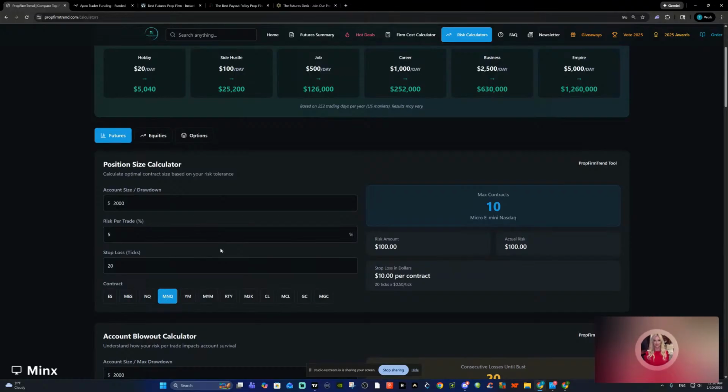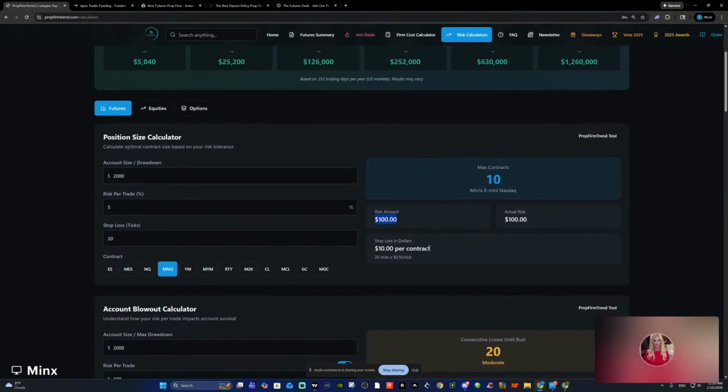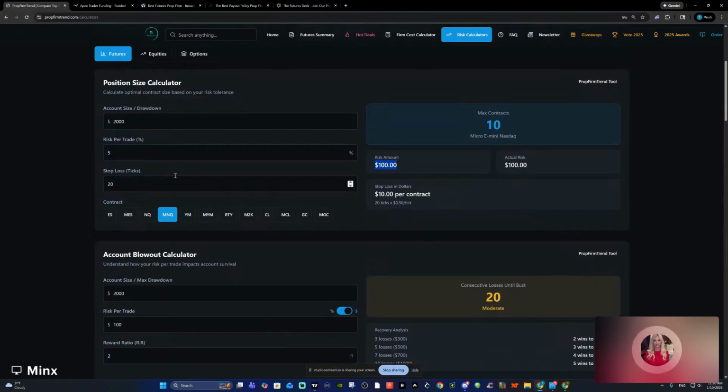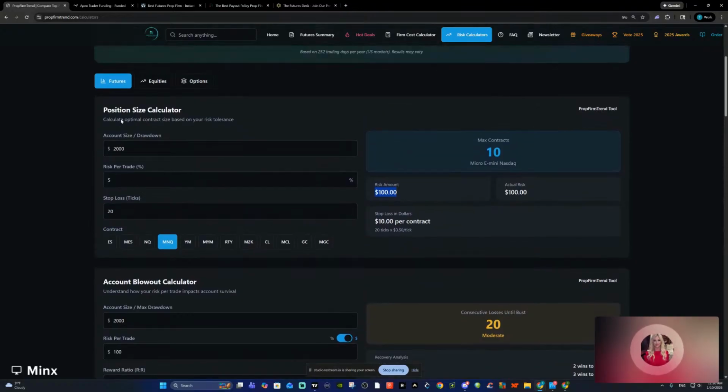For me, I would only use that for A+ setups, and you're risking $100 with MNQs. These are the micros, which is 50 cents per tick.